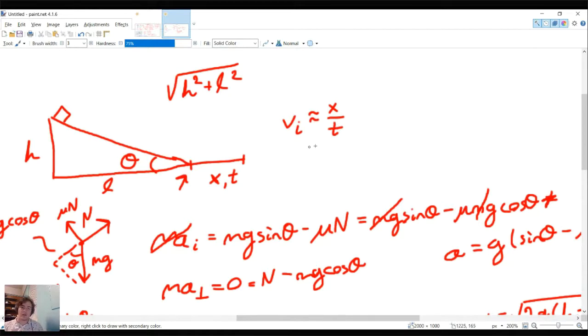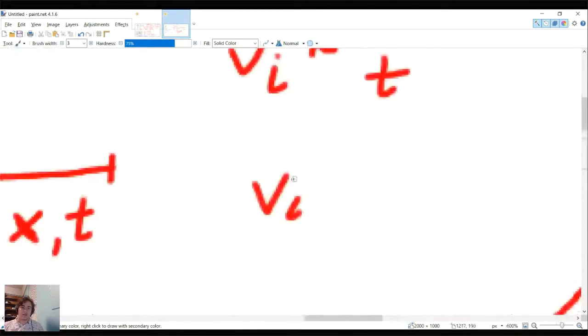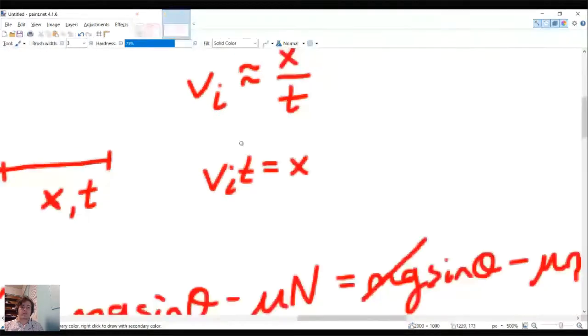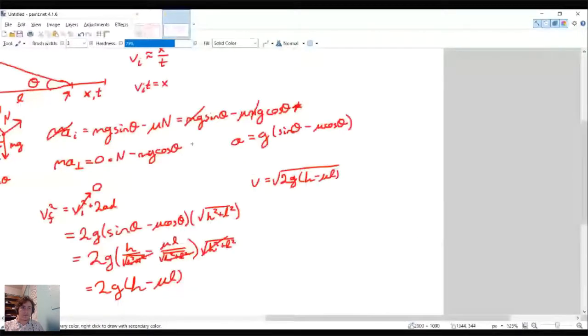So now we have v t is equal to x. Actually, we're not going to substitute that in yet. We'll substitute in x over t for this v.